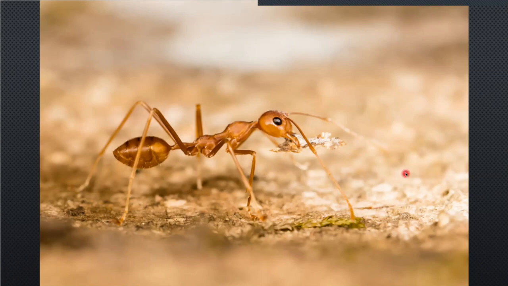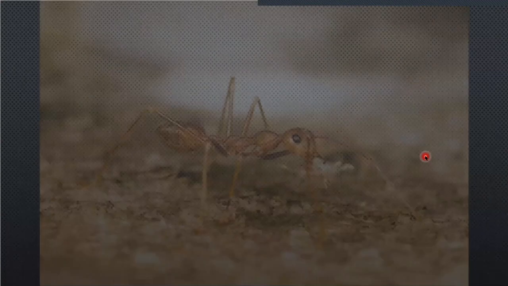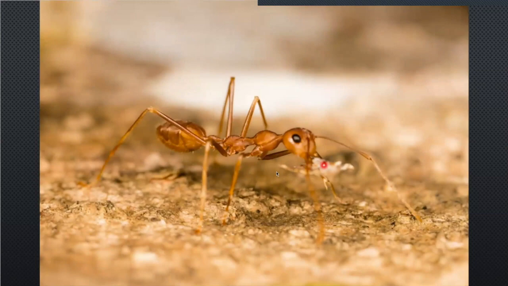Now next comes this angle. In this angle, you see slightly more, something different has happened. This is what we call a magic angle in macro photography. If you search for magic angle macro photography, you don't get anything.